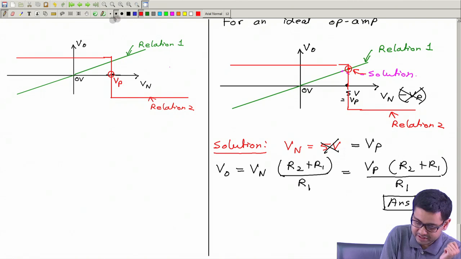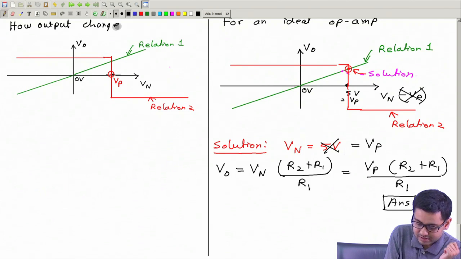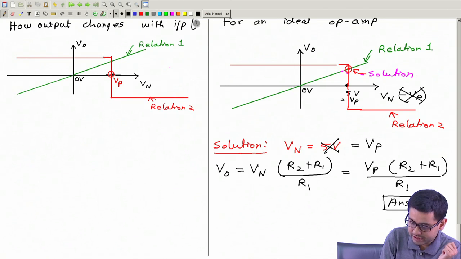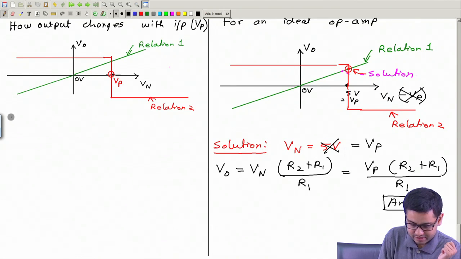So let me write how the output changes with input, that is Vp or V2.